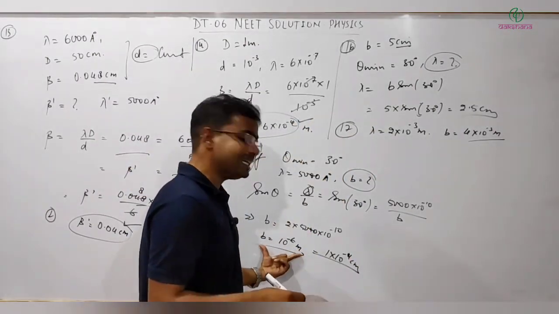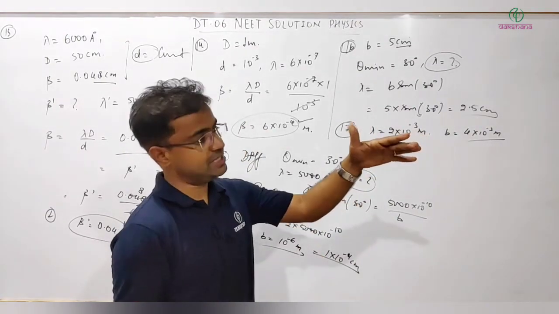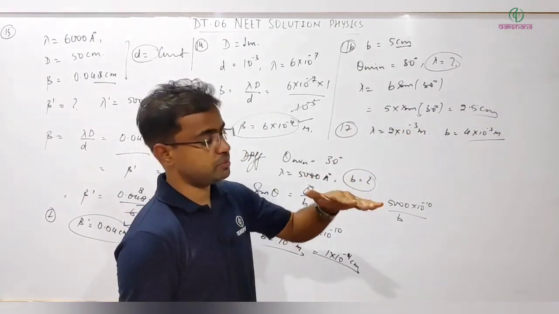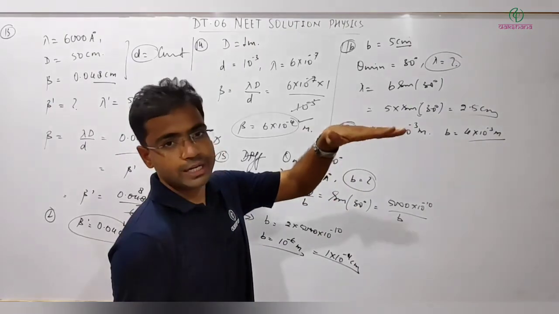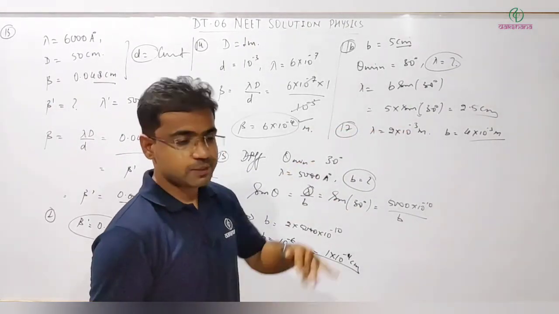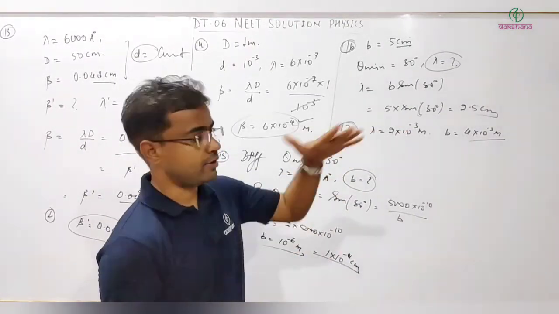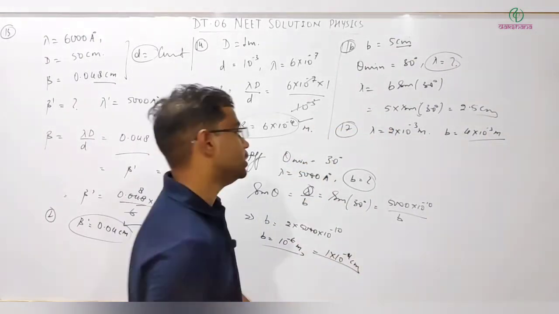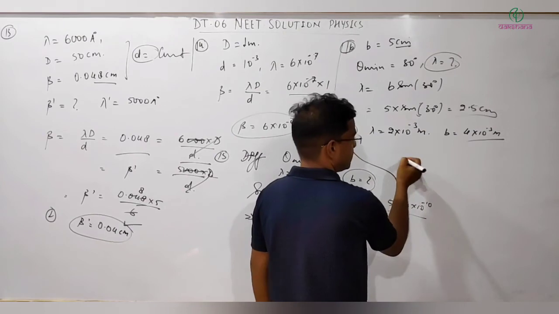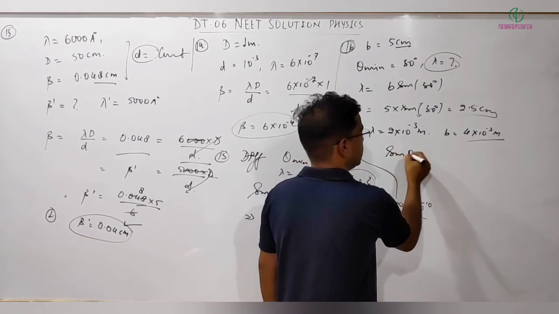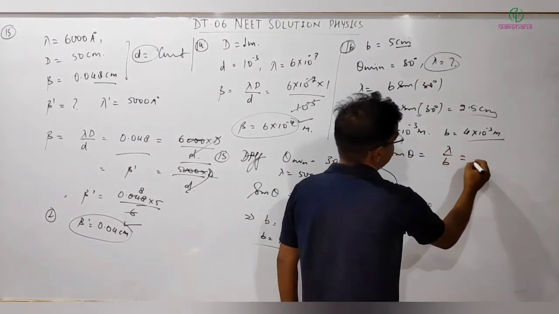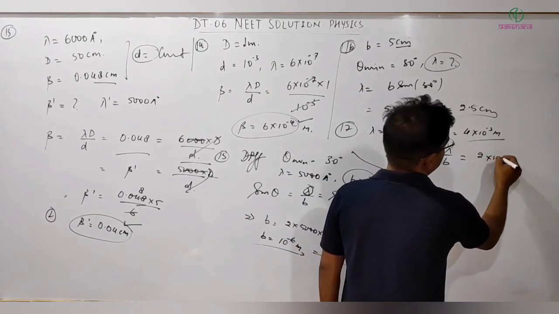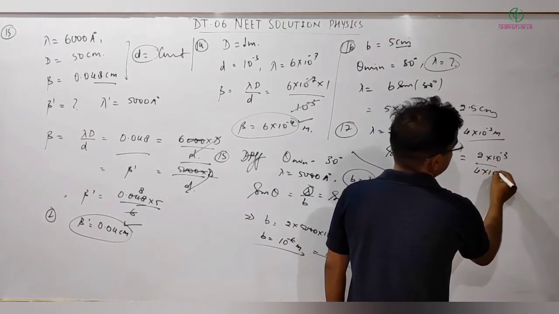Here we calculate theta, the angular position of the first minima, from the center to the angle up to which your central maxima is spread. But it's talking about the total angle from the top first minima to the bottom first minima. So let me first calculate theta. Sine theta is equal to lambda by b, that is 2 into 10 to the power minus 3 divided by 2 into 10 to the power minus 3.